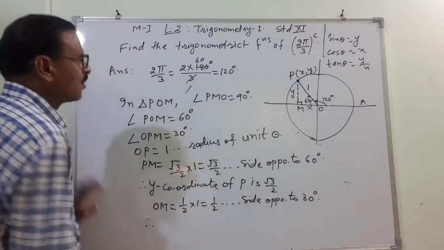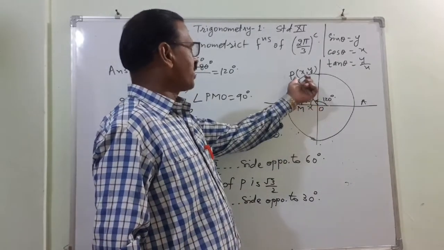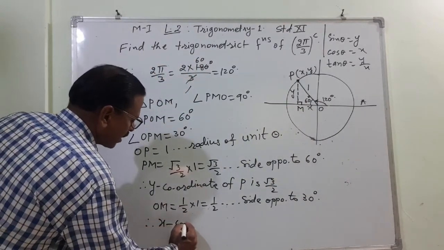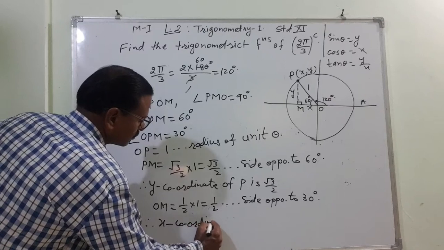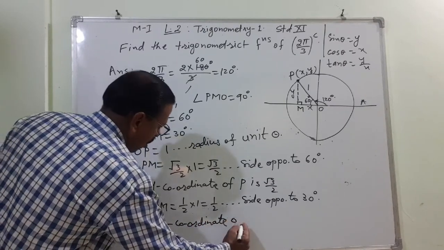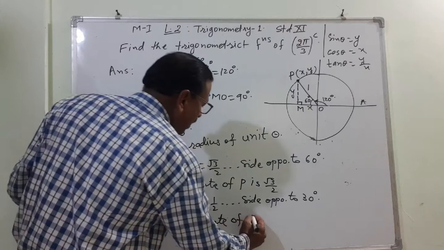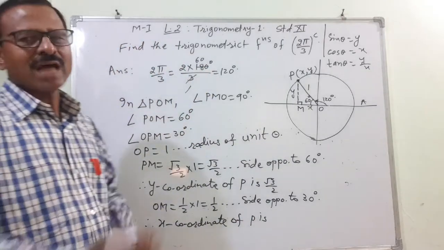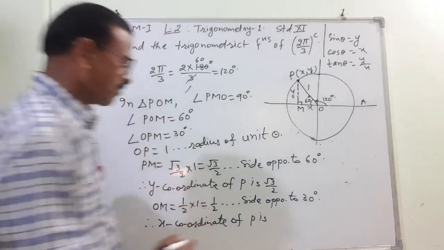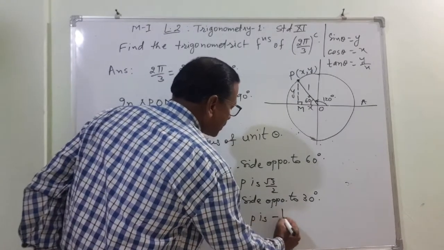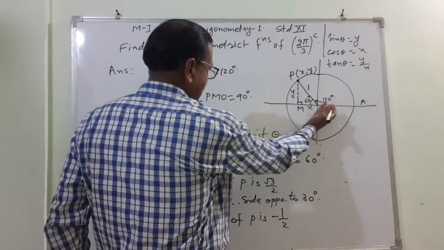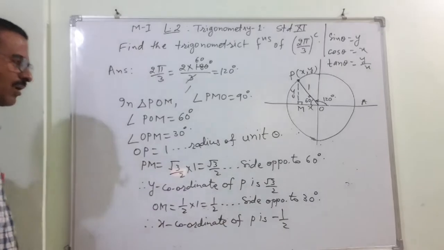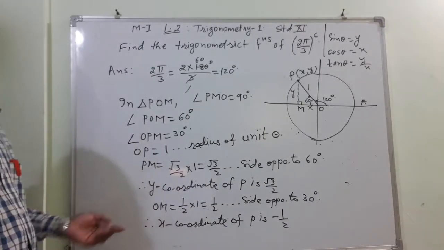Therefore, OM is the x coordinate of P. Therefore, x coordinate of point P is how much? Is it half? No, it is minus half, because x on this side will be negative. Don't forget this. Okay. Now this much part is over.